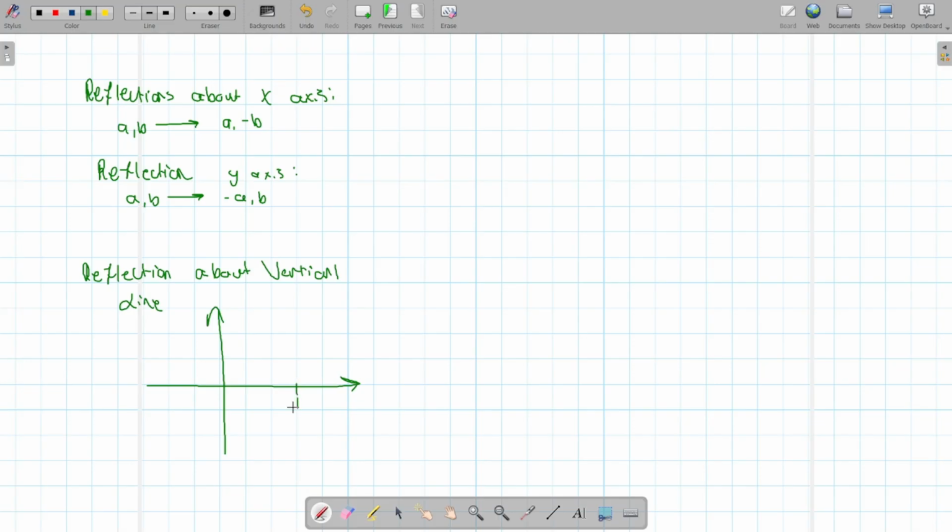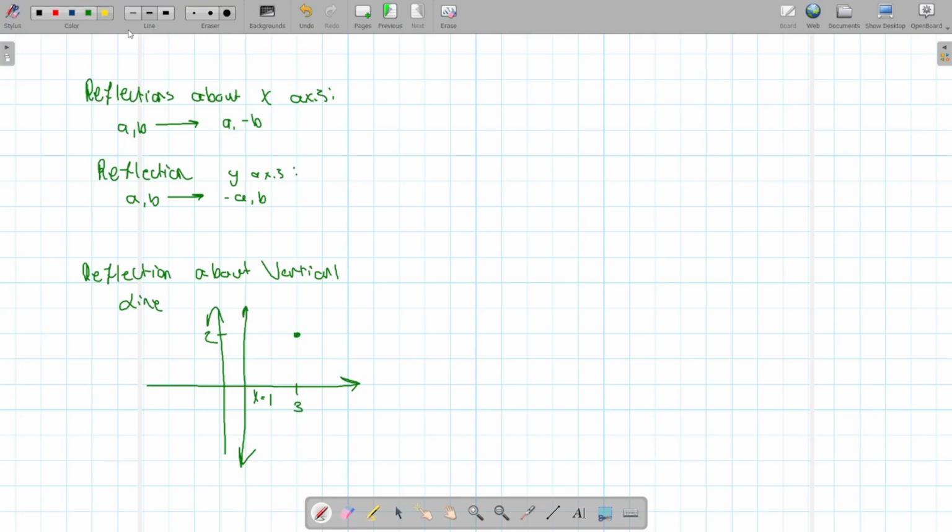Let's say I have a point over here, 3 comma 2. I want to reflect it about this line, which is x equals 1.